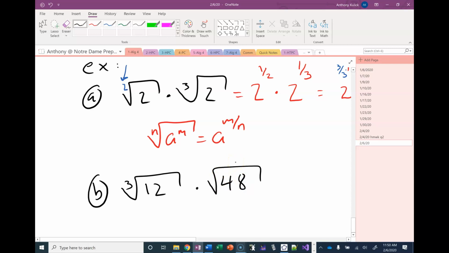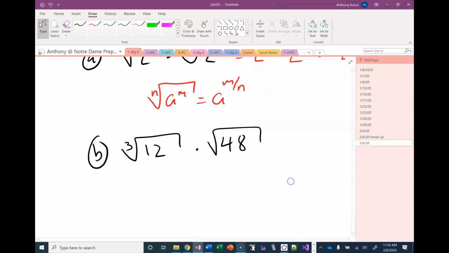Okay, let's say we have the cube root of 12 times the square root of 48. I would start the same way we have been, by doing my prime factorization.